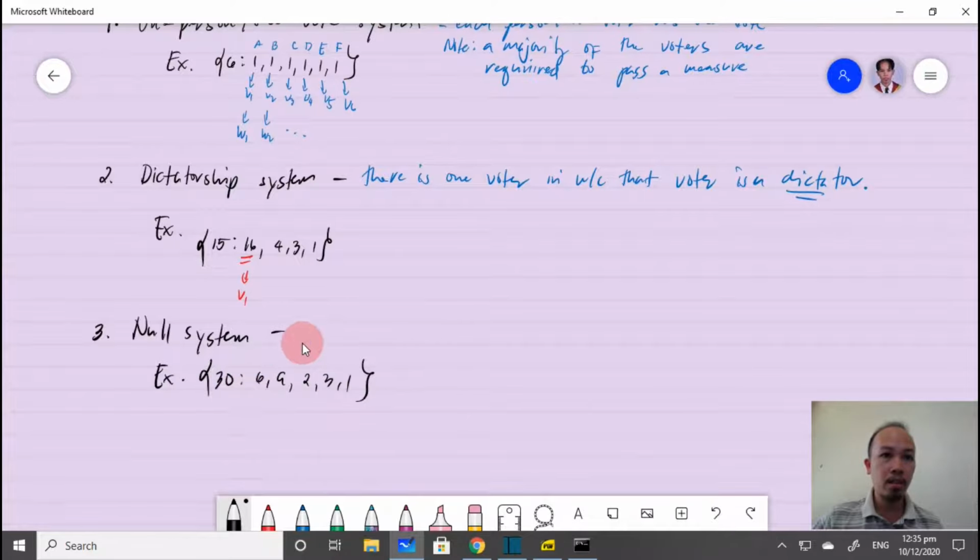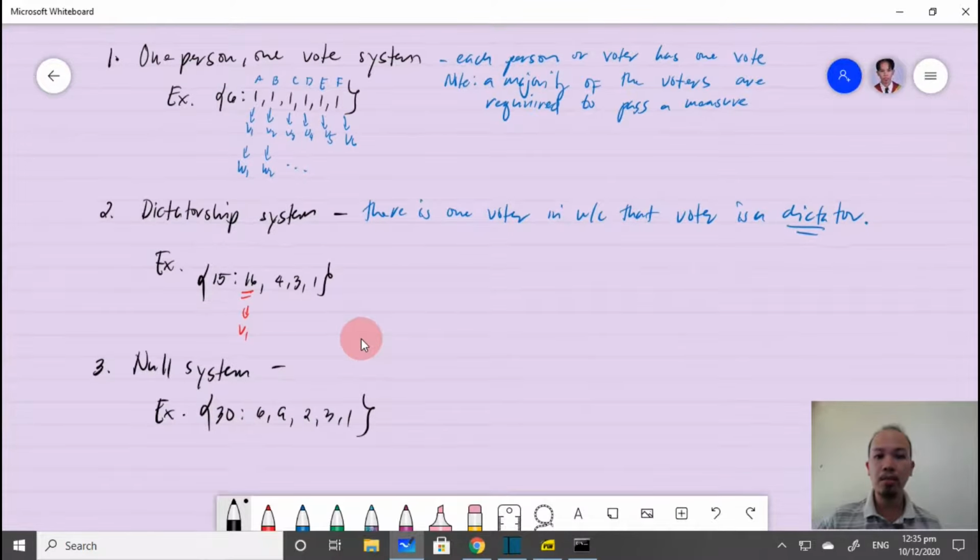And just remember, if you ask why the quota is what it is, the formula for the quota is equal to the total number of weights divided by 2, plus 1.